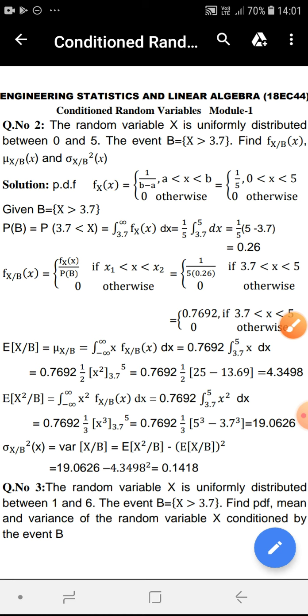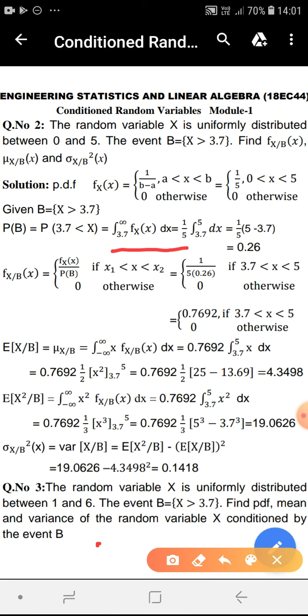Given the event B, which is the values of the random variable greater than 3.7. Greater than 3.7 means it is greater than 3.7 and less than infinity. So probability of the event B, p of B, is equal to p of x greater than 3.7, or integral from 3.7 to infinity fx of x dx.